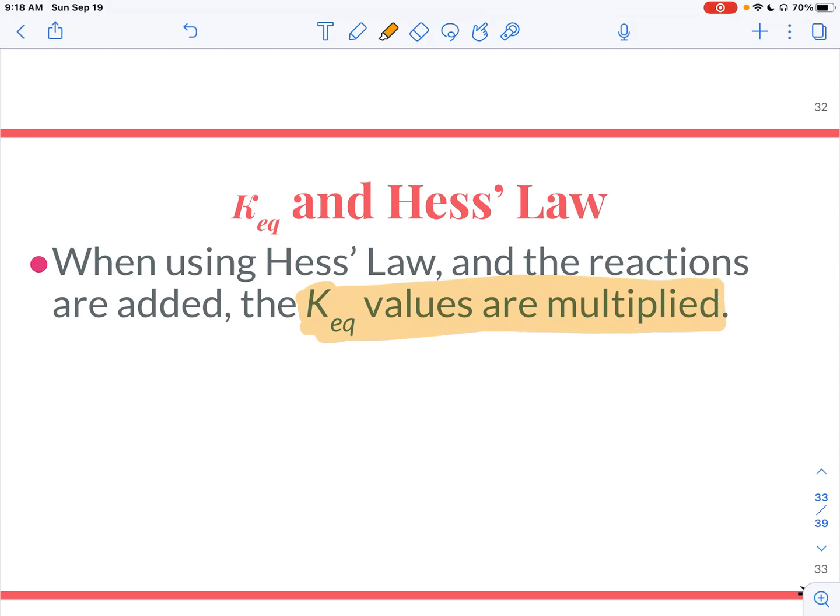For K, for the equilibrium constant, they are multiplied. That's very important to know. For other things that we'll do throughout the year, they are added. Here, they are multiplied. So if you were exposed to Hess's law earlier, you probably did it with delta H and you probably added them. Here, it's K, it's multiplied.